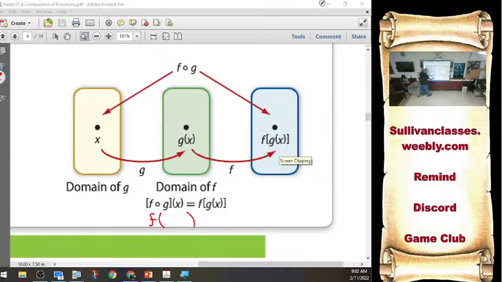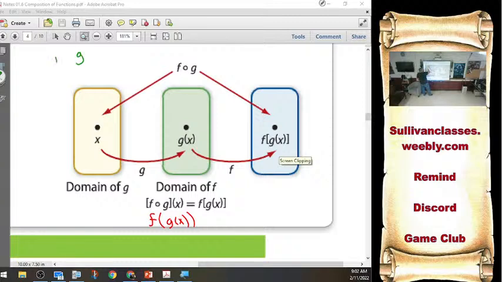Everywhere that there was an x, I'm putting the g of x rule. Okay? So instead of plugging in a 5, instead of plugging in a -8, instead of plugging in an a, I'm plugging in the entire 6x minus 2.